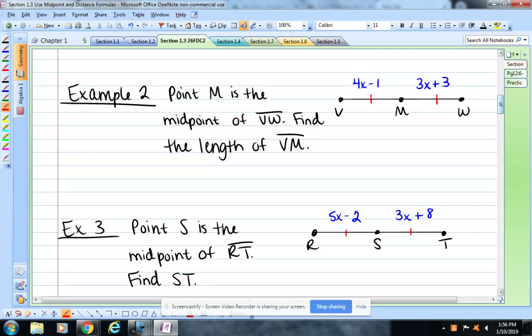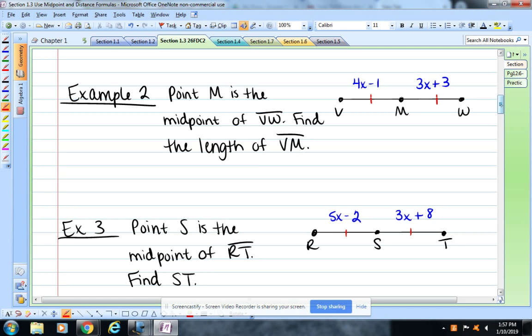All right, so they give me a picture of a segment VW, and they tell me that M is the midpoint of segment VW. And they tell me some measures of VM and MW. VM's measure is 4x minus 1, and MW's measure is 3x plus 3.